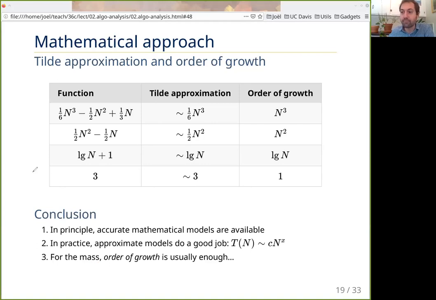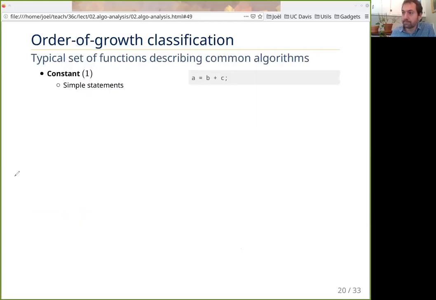So to give you a notion of what the order of growth means when we apply it to code, let me show you a few examples here.